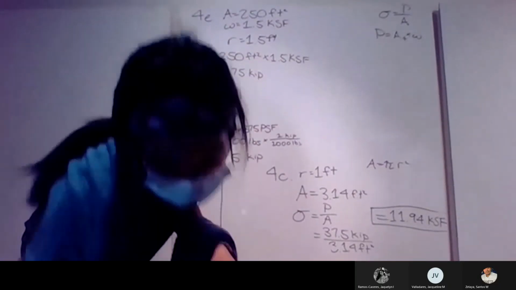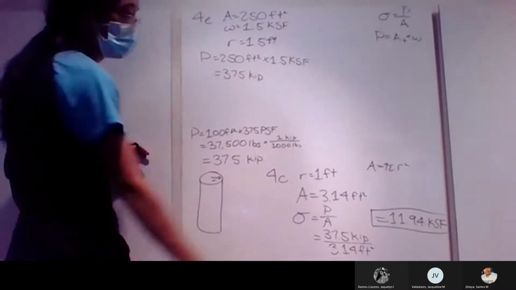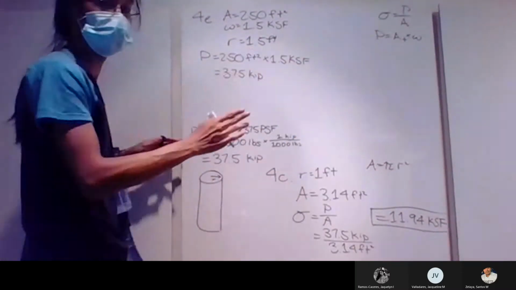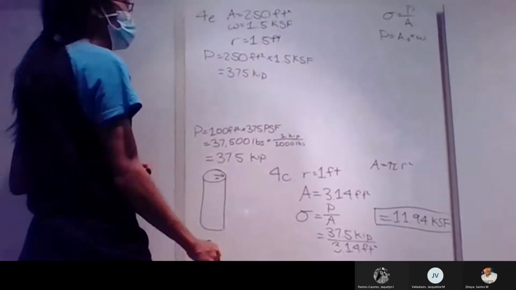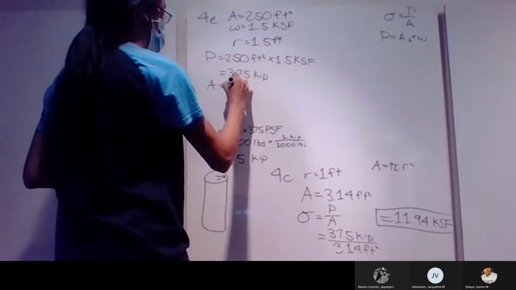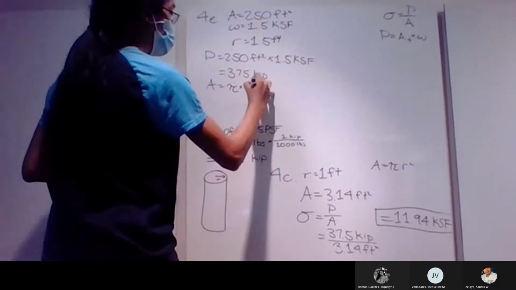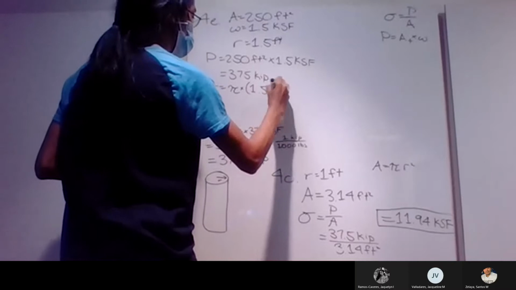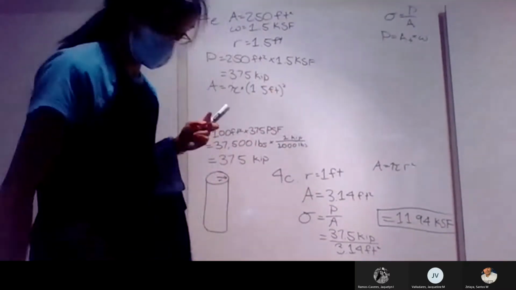Now we're going to solve for area. We're given radius, so we know it's a circle, and area is pi r squared. Area is equal to pi times 1.5 feet squared.